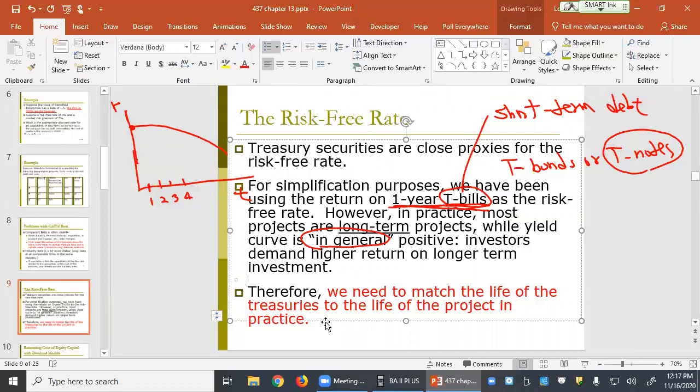We need to match the life of the risk-free asset to the life of the project, to control for the time to maturity. So do not always assume that we will use the 1-year T-bill as the risk-free rate. If the project is anticipated to last for 10 years, we're going to use what? The 10-year treasury bond rate as the risk-free rate in the CAPM equation.